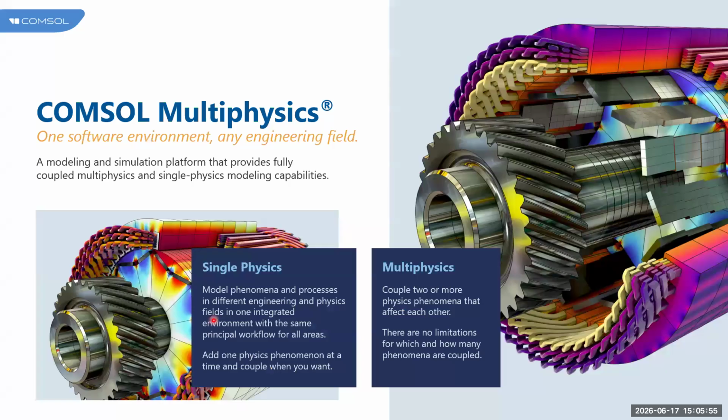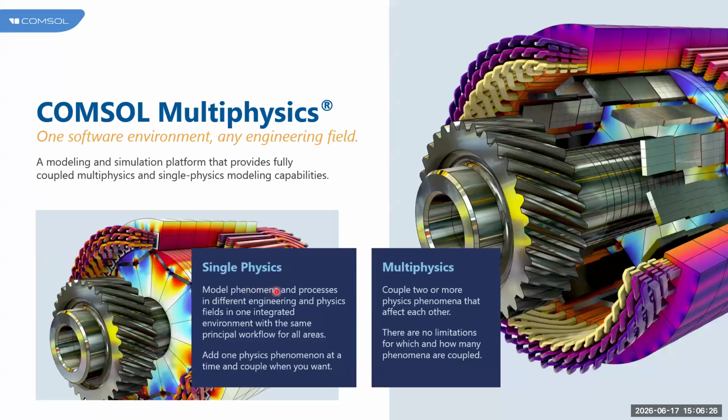To start with, I would like to introduce the COMSOL Multiphysics simulation platform. It is a unified environment where you can combine different engineering physics streams to simulate a multiphysics product. COMSOL has solutions to simulate several single physics phenomena like electromagnetics, fluid flow problems, structural mechanics, chemical engineering problems, acoustic problems, and so on.